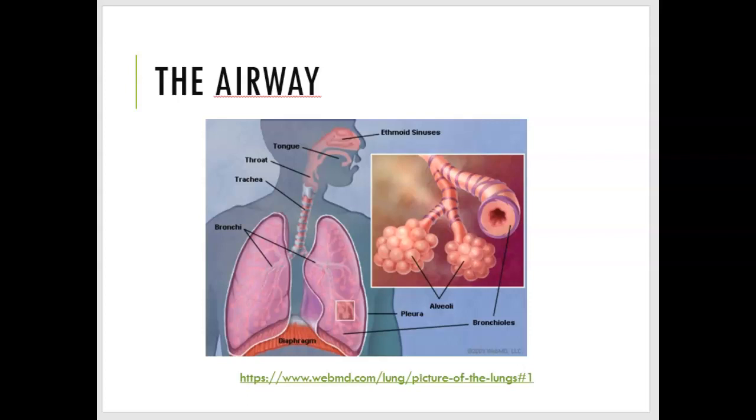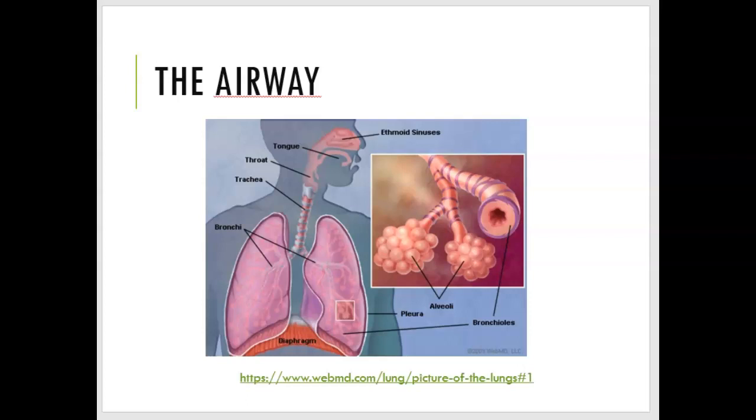It conducts inhaled air into the lungs through branches called bronchi. Then the bronchi divide and they get smaller and smaller until they're bronchioles, and finally they become microscopic. The bronchioles end up in clusters of microscopic air sacs. Those are called the alveoli.